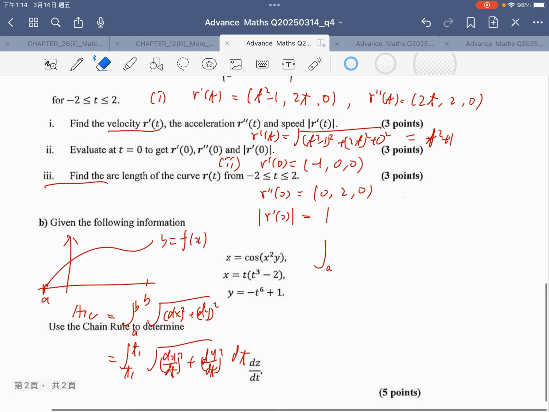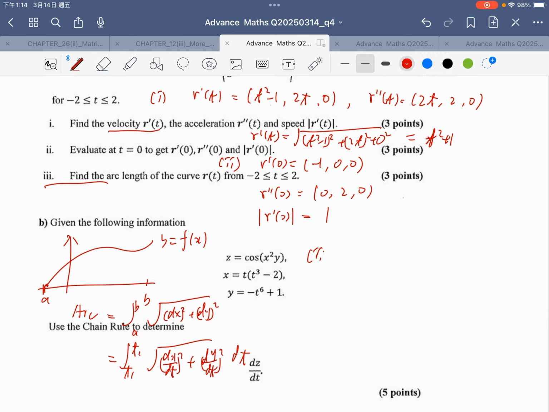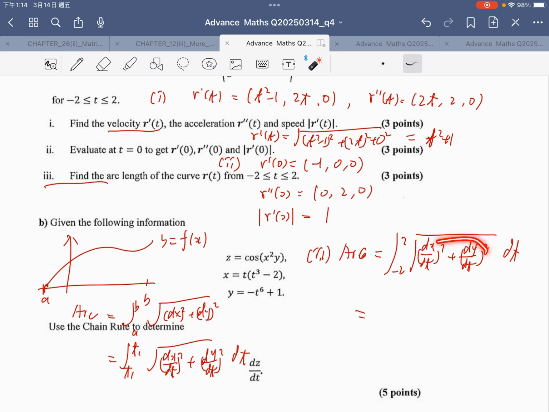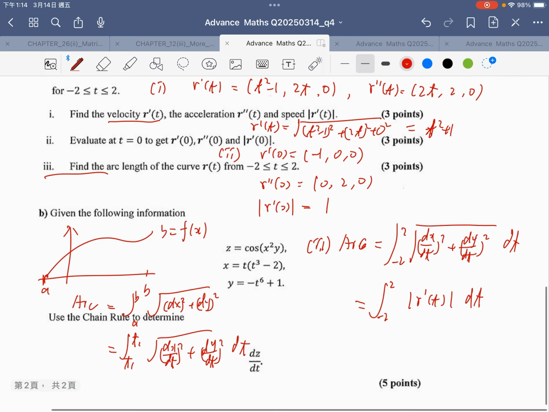Then the arc length, I write here for part 3, equals the integral from negative 2 to 2 of the square root of (dx over dt) squared plus (dy over dt) squared dt. But anyway, this part is actually equal to this one. Therefore, many times they write this form as the arc length of a curve in parametric form. That's why we use this format.